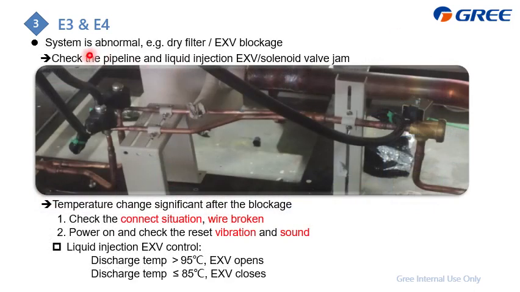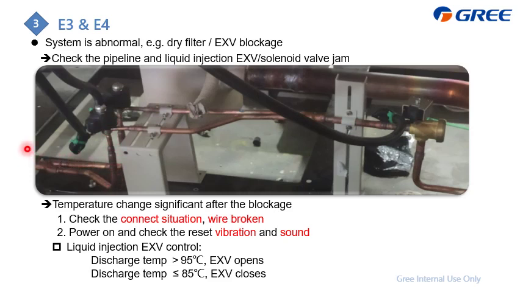And for this one, we are also afraid that maybe the liquid injection, which is this device, you can also find that we use this solenoid valve and divide it, which comes from the liquid refrigerant. We send it to the EXV, and then from there it will get expanded and spread into the compressor.